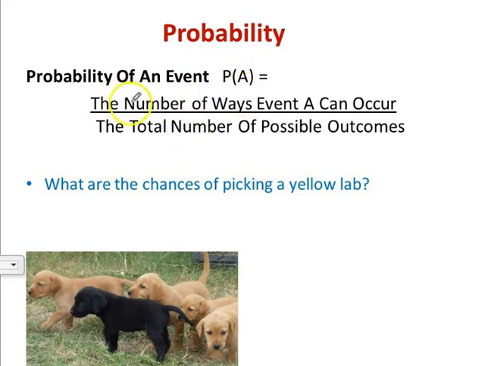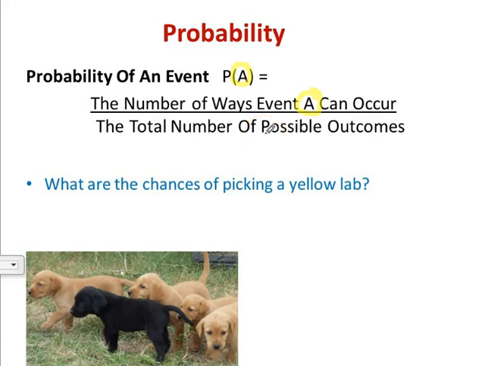So in a nutshell, probability is just taking the number of ways that a certain event can occur that we're trying to find the probability of. In this case, if we're trying to find the probability of event A, we're going to put on the numerator the number of ways that event A can occur. And then on the denominator, we're going to have it over the total number of possible outcomes.